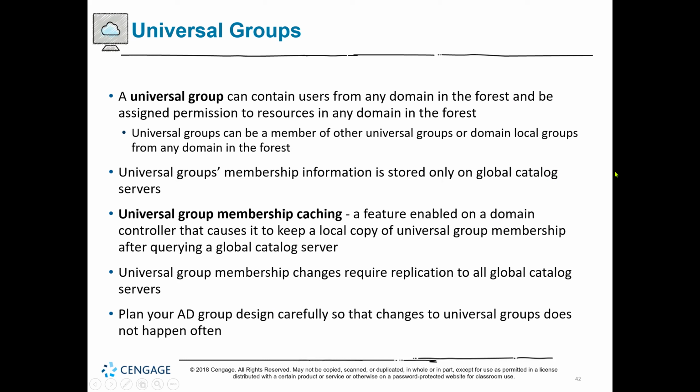Universal group membership changes require replication to all global catalog servers. So if you change something in that big top pyramid, all the other ones that are in the sub pyramids have to be changed too. Plan your AD group design carefully so that changes to universal groups do not happen often.